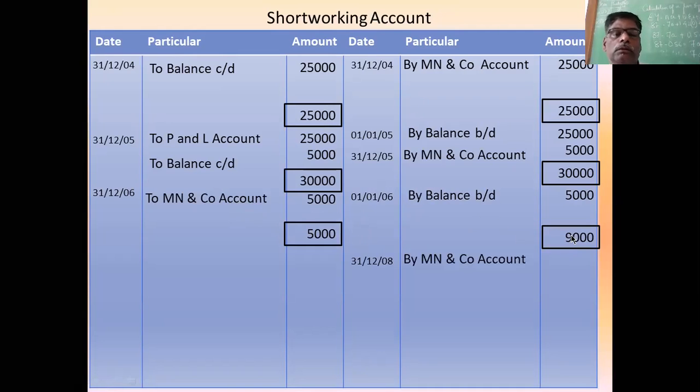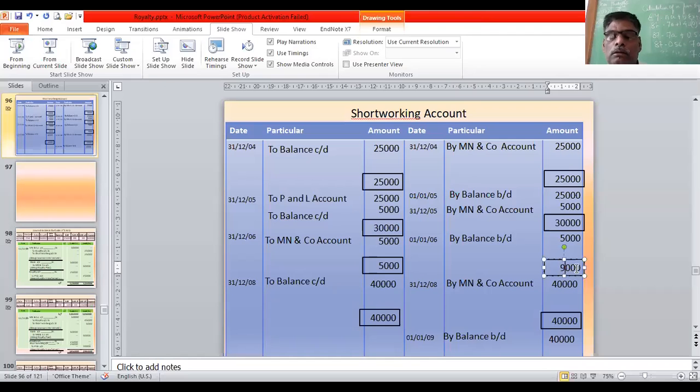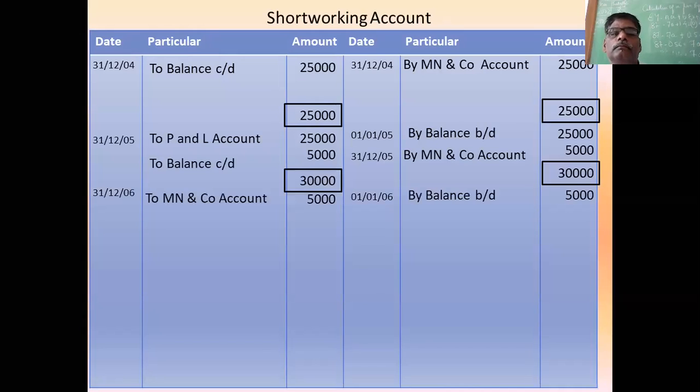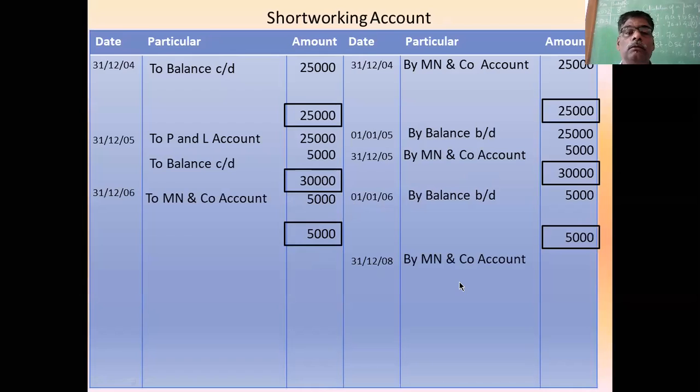5,000. There is no balance for the third year. Fourth year, there is no balance. 2007, there is no balance. There is no short working.